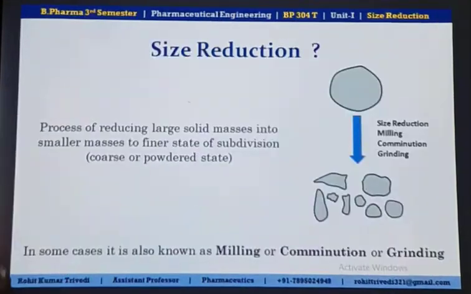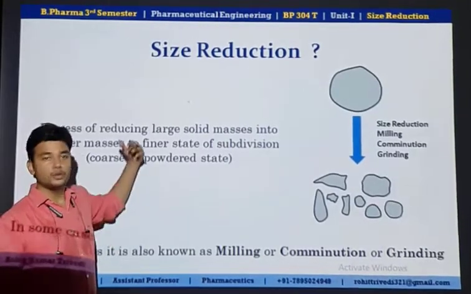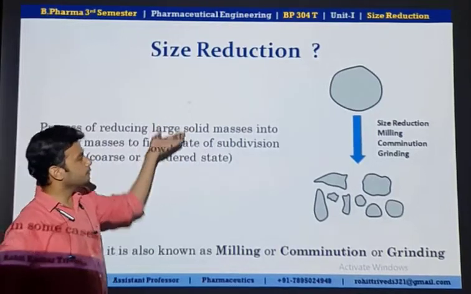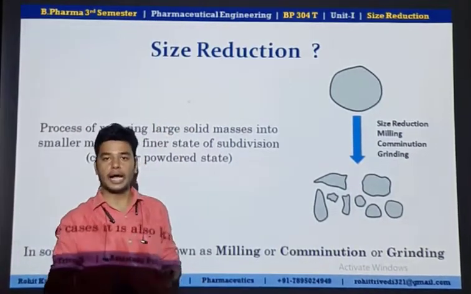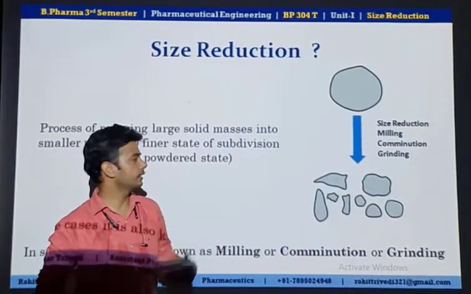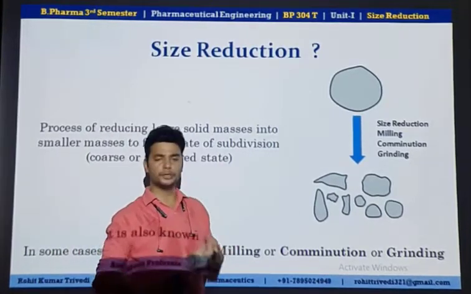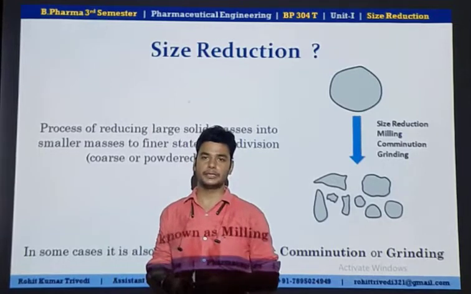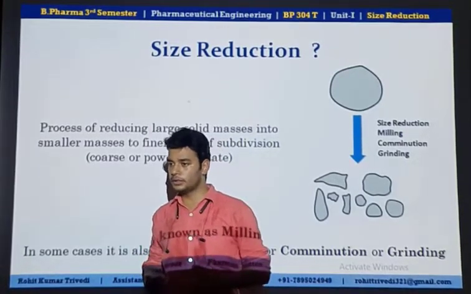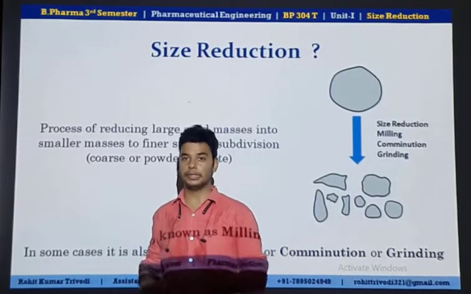Now, moving to what exactly size reduction is. As the name indicates, it is a process using which we are reducing the size of a specific material. Generally, solids and liquids are reduced in size, but when we are talking about liquids, we generally do not say we are reducing the particle size of a liquid.